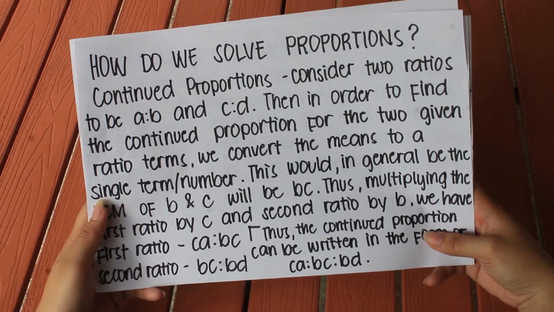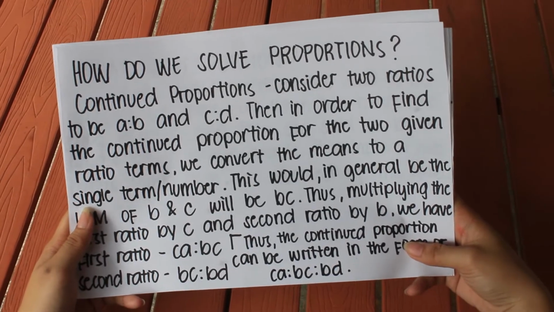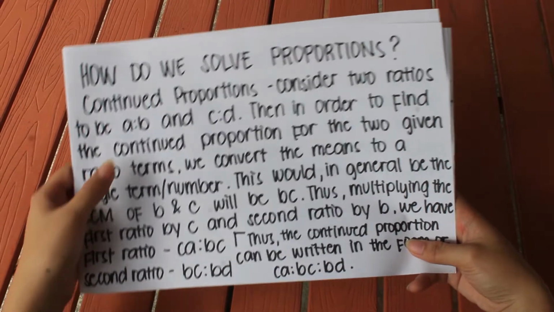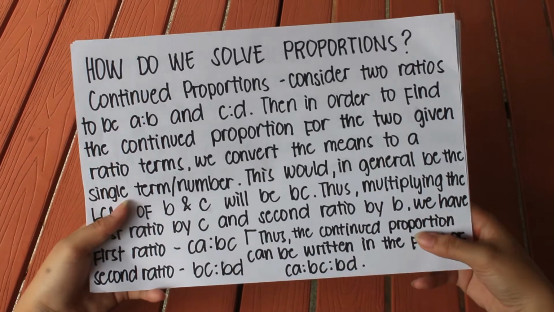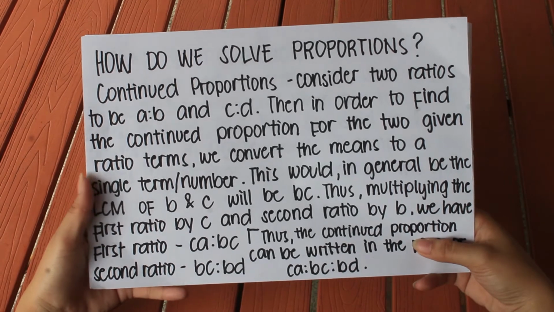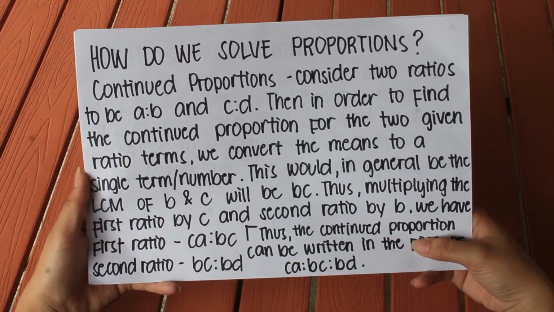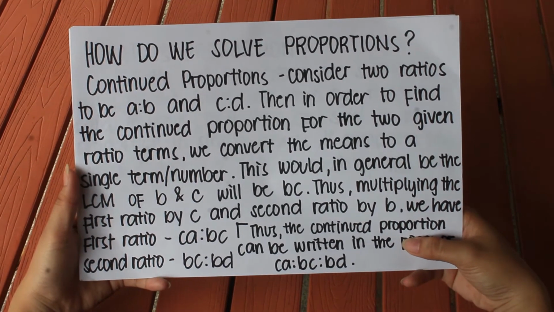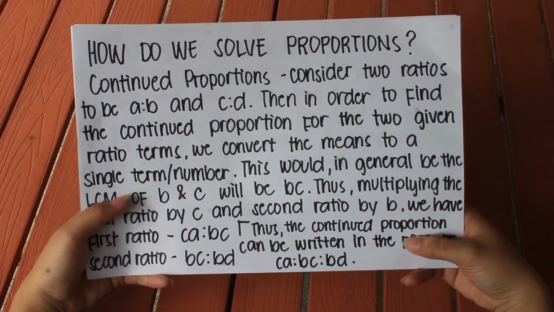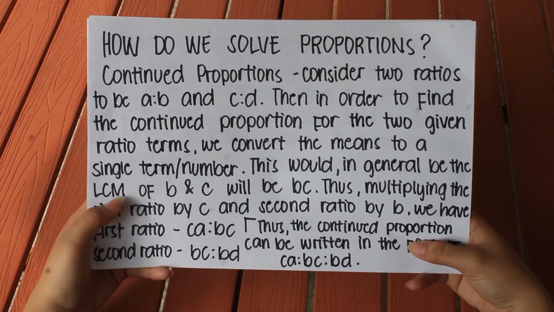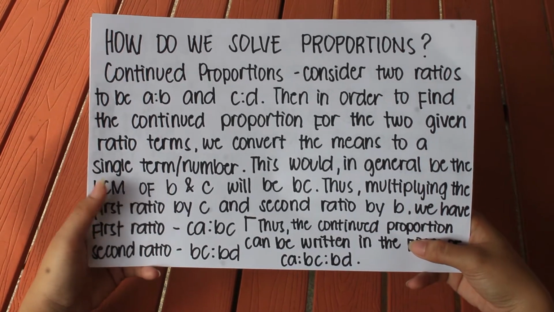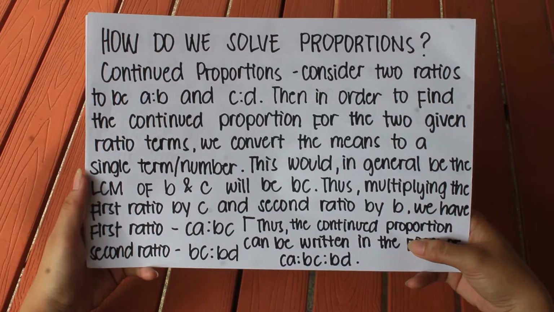Continued proportion considers two ratios, A to B and C to D. Then in order to find the continued proportion for the two given ratio terms, we convert the means to a single term or number. This would in general be the LCM of B and C, which will be BC.